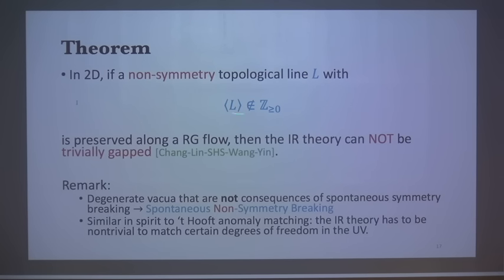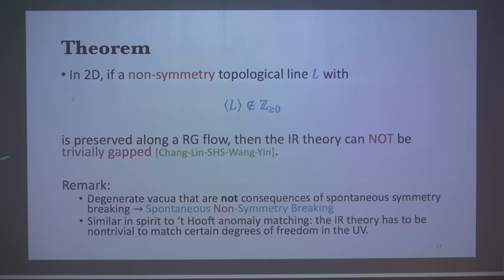When there is such a non-symmetry defect that's preserved along the flow, then by the theorem, one logical possibility for the IR theory is a gapped phase with degenerate vacua. In that case, the degenerate vacua might not be consequences of spontaneous symmetry breaking. Rather, they are acted on non-trivially by the non-symmetry defects.